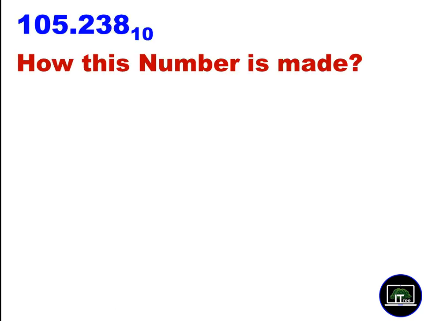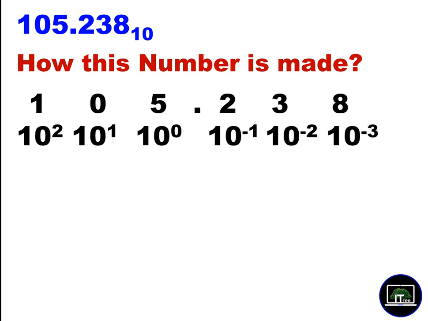Look at this number now. You know the method. Now there is the decimal point, one side is the left and one is the right. On the left side we have power 0, first power, second power. On the right side negative 1, negative 2, minus 1, minus 2, minus 3.